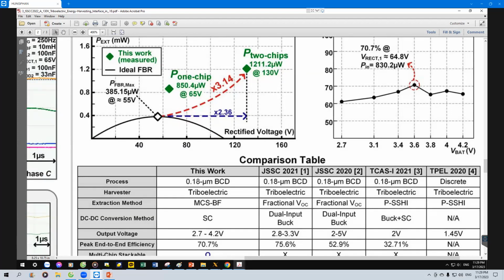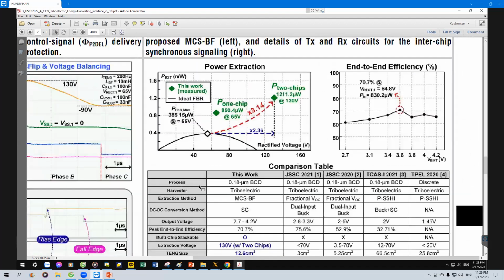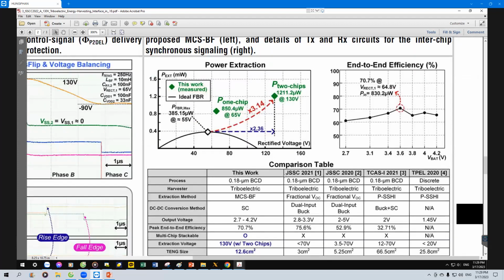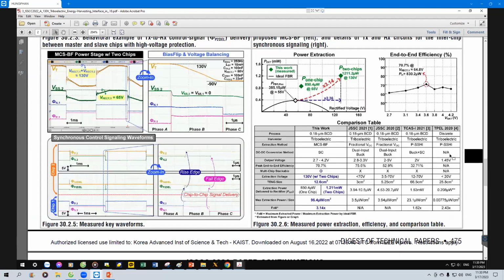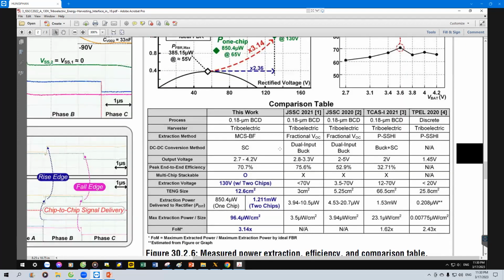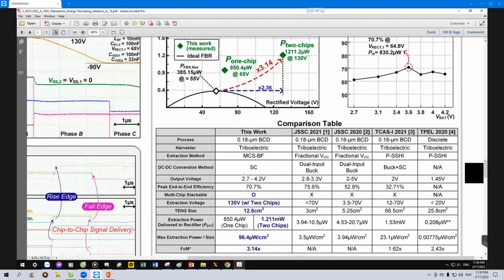Here is 0.18 micrometer, the 180 nanometer process is the really cheap process. So for research, people normally use this process for the low price.